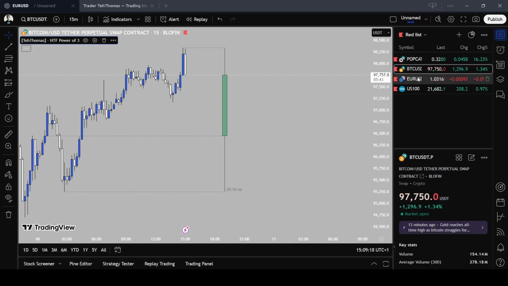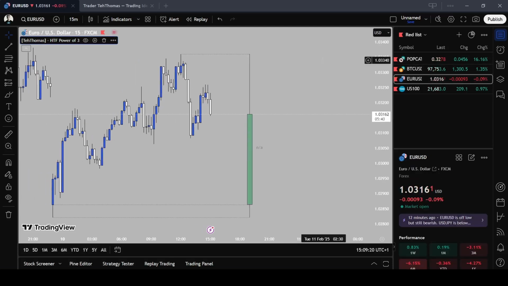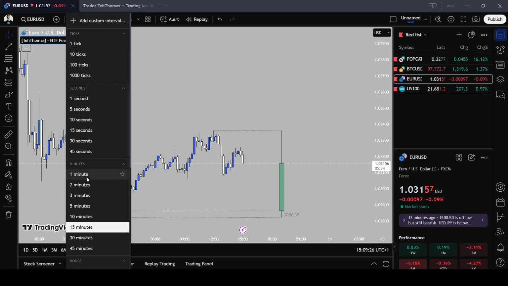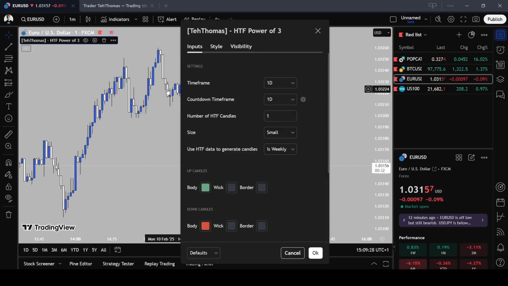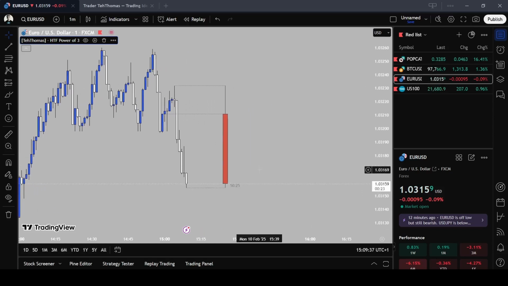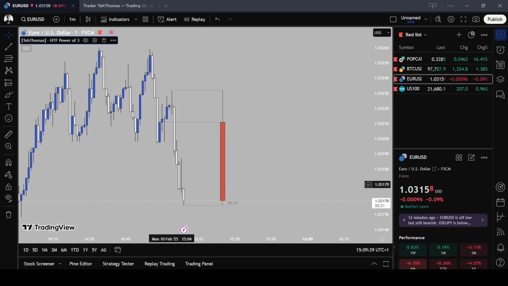We can do the same on Forex. Yeah, we can choose maybe 1 minute and choose then 1 hour because it's a nice proportion then. So the 1-hour candle is getting quite big to the bottom.